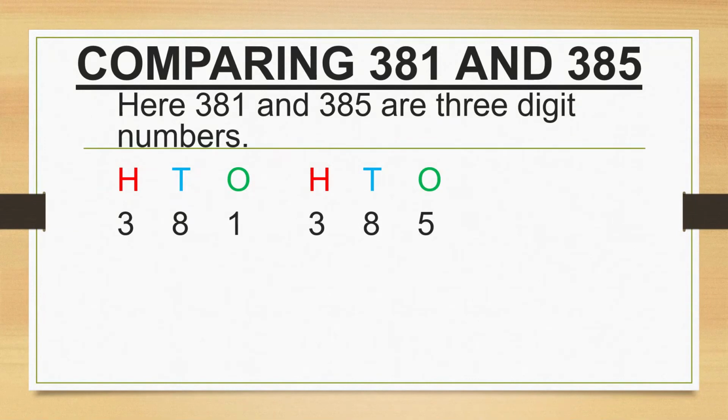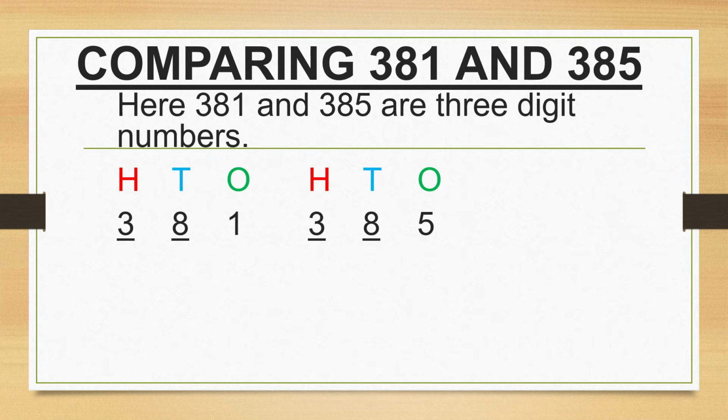381 and 385. In 381 and 385, there are 3 digits. So we have to compare left side place, that is hundreds place. In the two numbers, the hundreds place digit is same, that is 3. And now we have to compare tens place digit. The tens place digit in the two numbers is also same, that is 8.